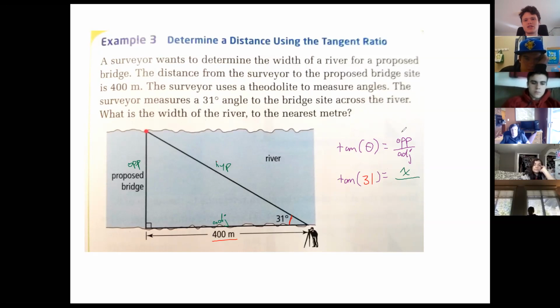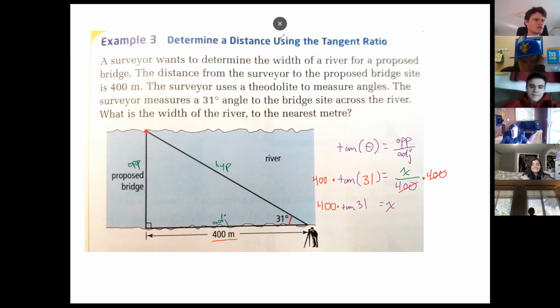And I know that the adjacent is 400. This is nice. All I have to do is move that 400, so I multiply by 400 there and there, because it cancels out there. Then we get this equation, 400 times tangent 31 equals x.